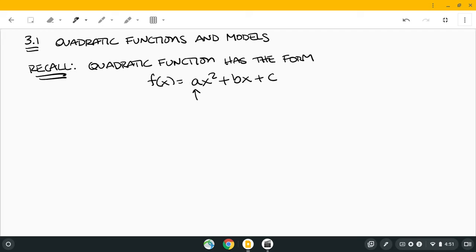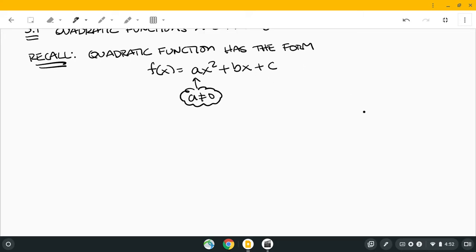And of course, a is not 0, because if a is 0, then we no longer have x squared, which would make this a line. Okay, so it has this form. You're familiar with this. We learned how to factor these, right? Okay, so standard form.